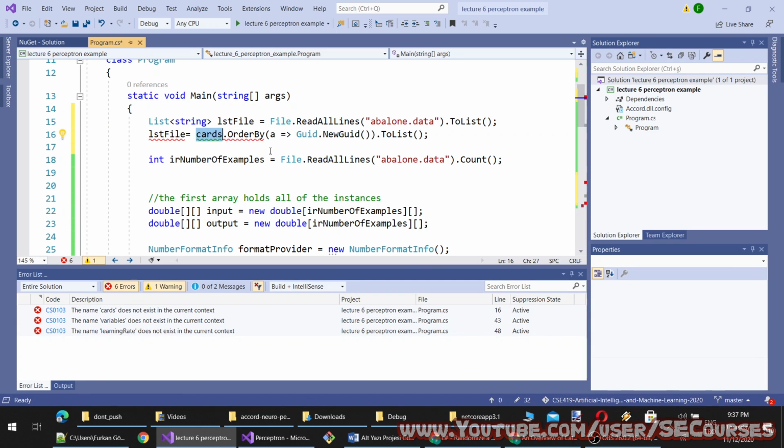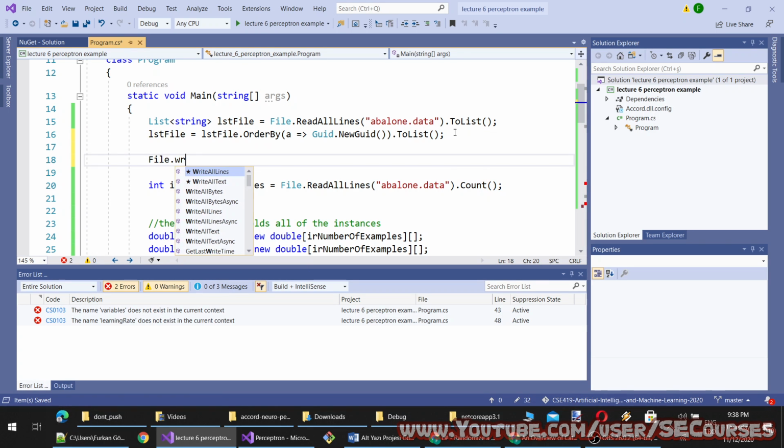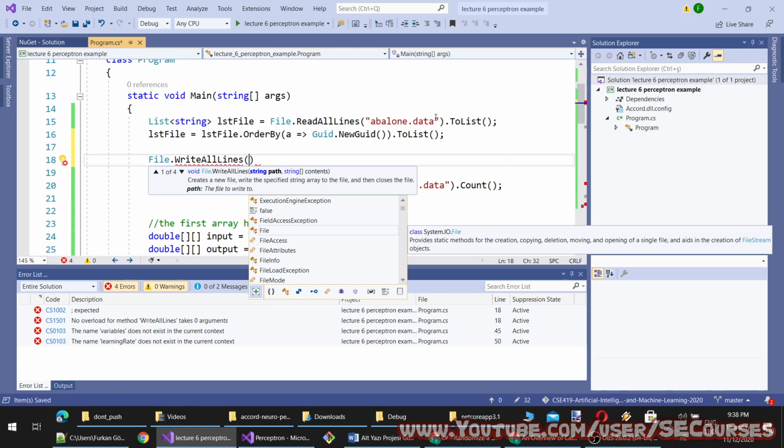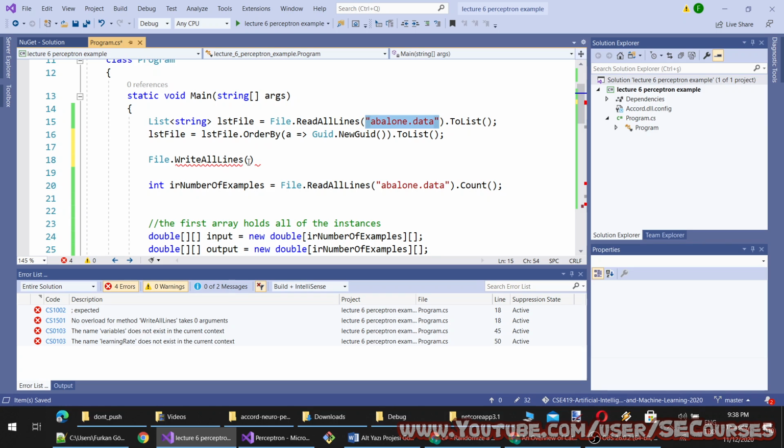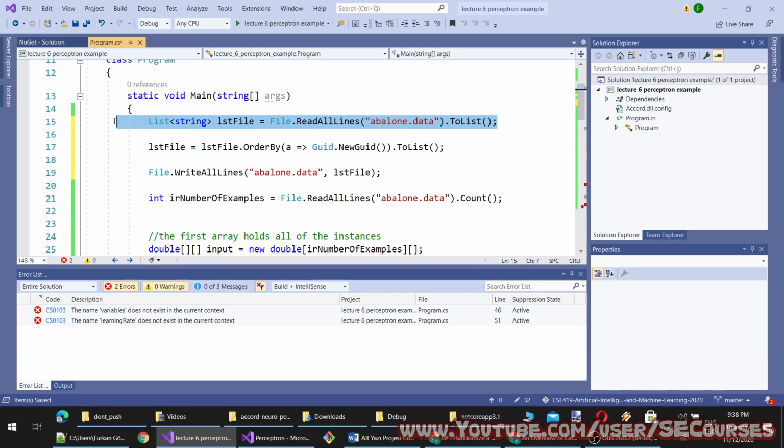This will order my list, I mean all of the lines here, and then I will write it back. So this will be a shuffling. Here, first I have read all the lines into a list, and I have randomly sorted them. Then I have written back all the lines into the same file. So whenever I run the application, this will shuffle the data.